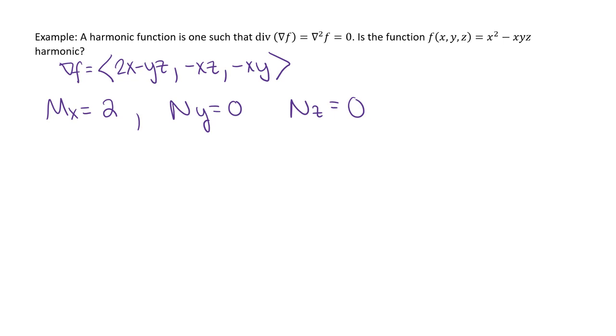Y component with respect to y, I get 0. Z component with respect to z, I get 0. And what we're actually doing here when we find this del squared f, technically, is we took our derivative with respect to x and then found its derivative with respect to x again.